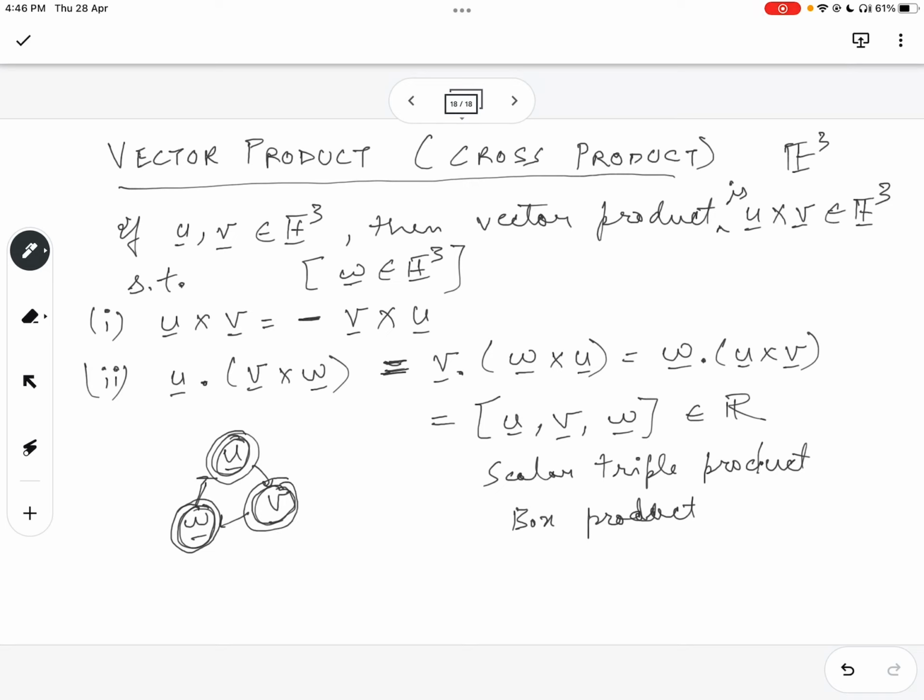If one of them is interchanged, then this negative sign appears.